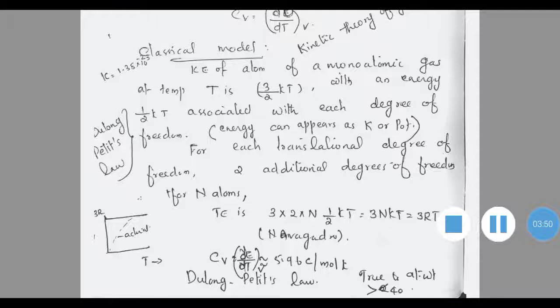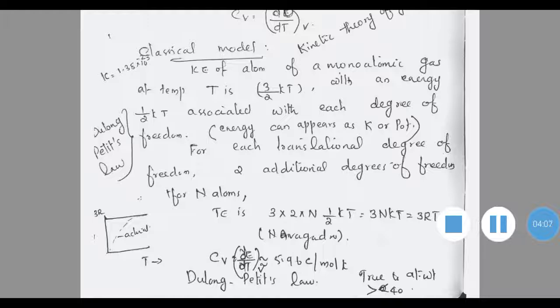So the conclusion is that each atom is associated with 3 degrees of freedom, with one kinetic energy and one potential energy for each. Corresponding to each degree of freedom, the energy associated is half kT.